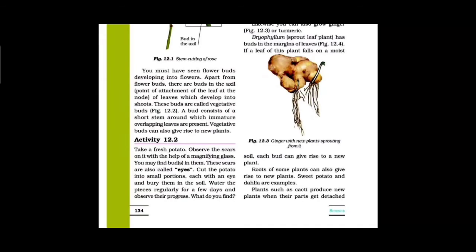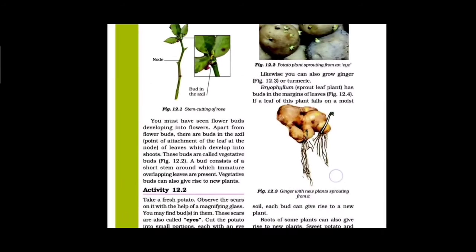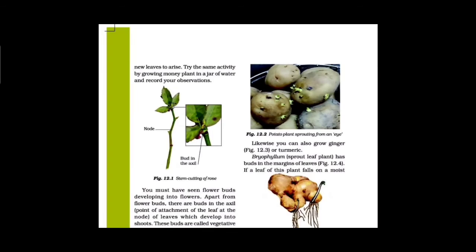Activity 12.2. Take a fresh potato. See the picture. Here is a potato. Have you all seen this potato in your home? Right, in the corona time, you all saw this type of potato at home. Take a fresh potato and observe the scars on it with the help of a magnifying lens or glass.